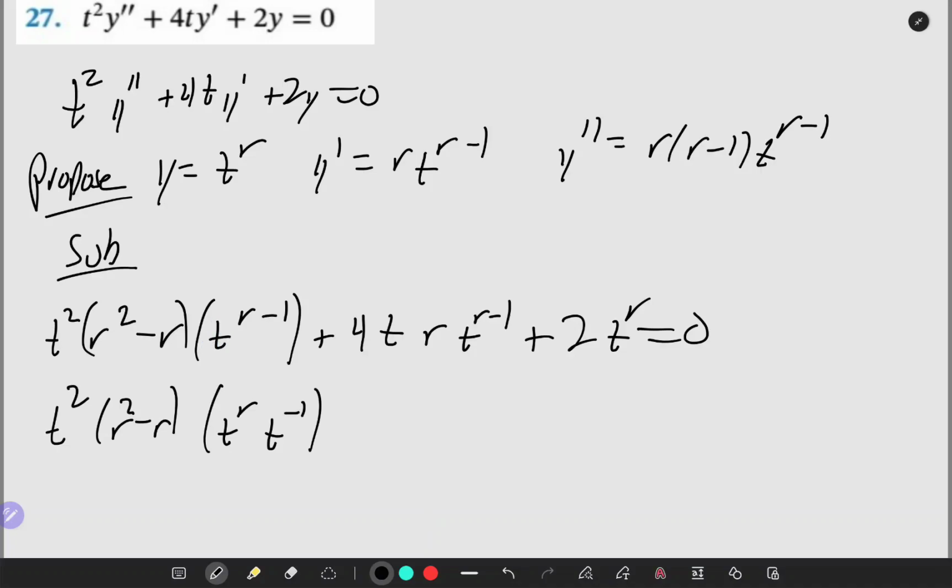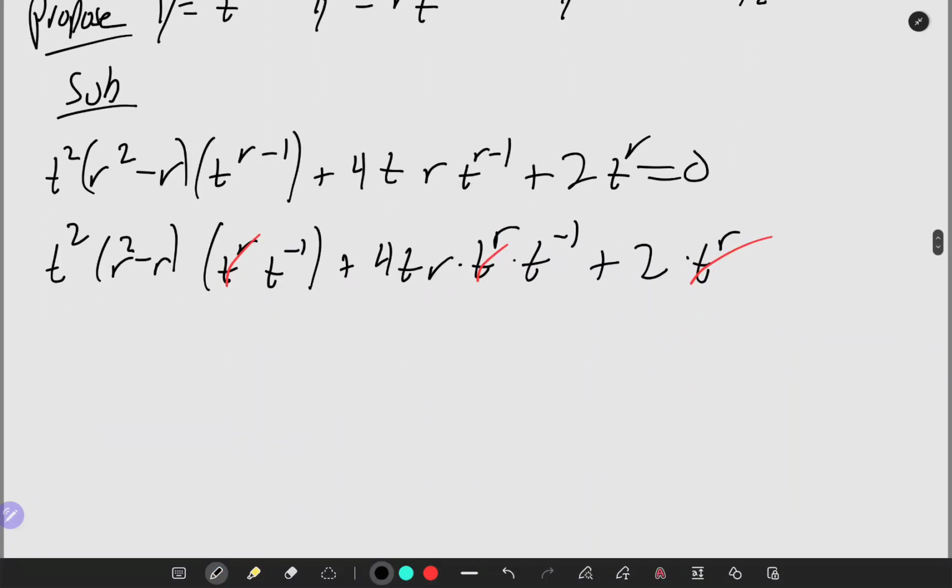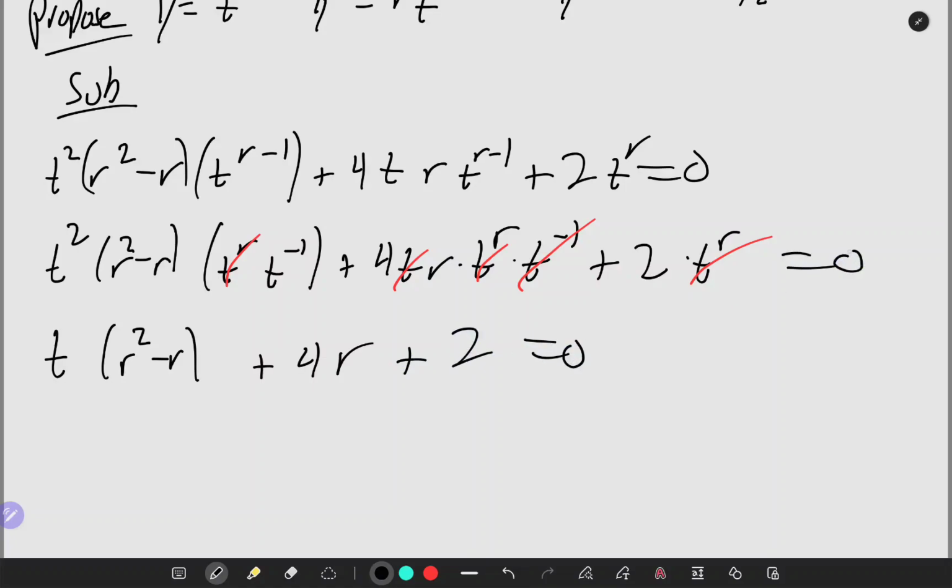Plus 4tr times t to the r times t to the negative 1, plus 2 times t to the r. These cancel. This will reduce. 2 minus 1 is that's just going to be t, plus 4t times, this will cancel with this. That's just 4r plus 2. Sorry, this is equal to 0.